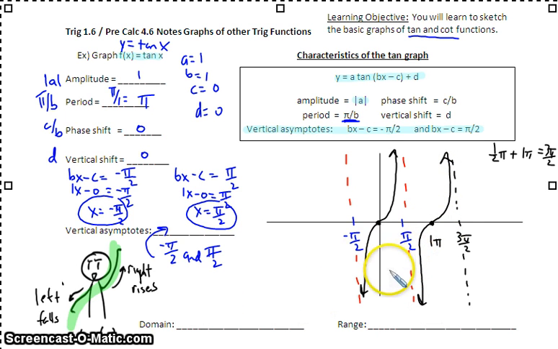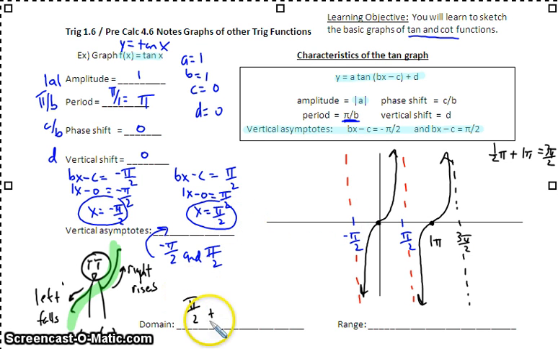So if we think about this graph in terms of the domain, the x values, what you should be noticing is that all the x values are working except for where we have these vertical asymptotes. And these vertical asymptotes are going to occur if we started at pi over 2, and we added a pi to that, and we add a pi to that, or we subtract a pi from that, and we subtract a pi from that.